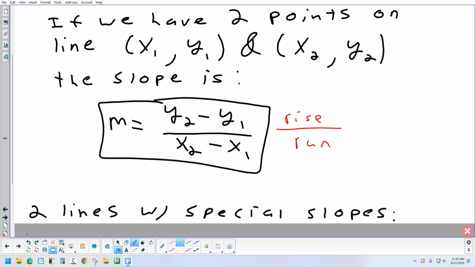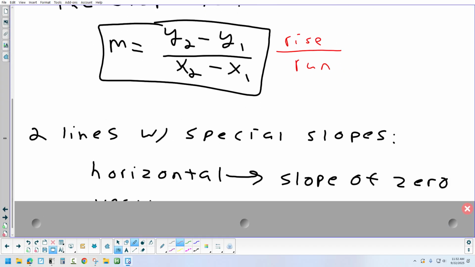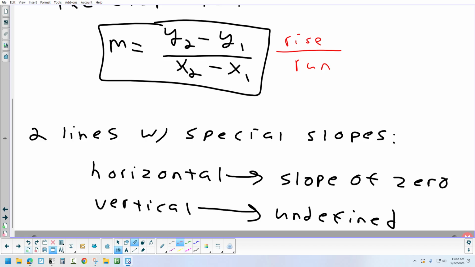Now, there are two lines that are special cases. If you have a horizontal line, does anybody remember what the slope of that is? 0. And how about a vertical line? Undefined. Perfect. So those are two special cases. The other thing that is special about them is they are not y equals mx plus b.